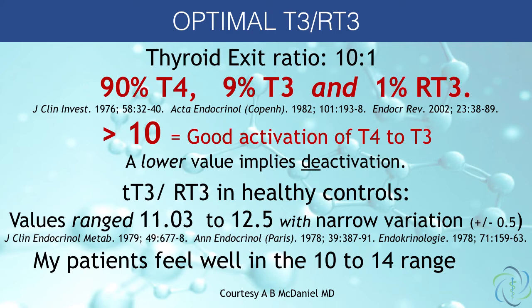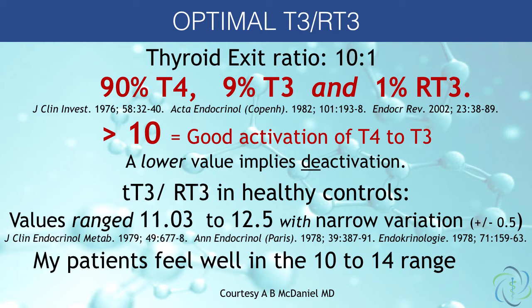So what is an optimal ratio, right? We want a certain ratio. The thyroid exit, when the hormones are made, we said was 90% T4, 9% T3, and 1% RT3. So roughly 10 to 1. So if we have a ratio of T3 to reverse T3 that is greater than 10, it suggests that we have good activation of T4 to T3.